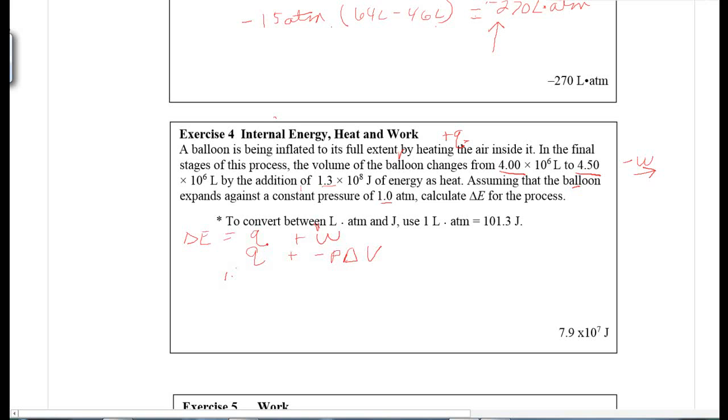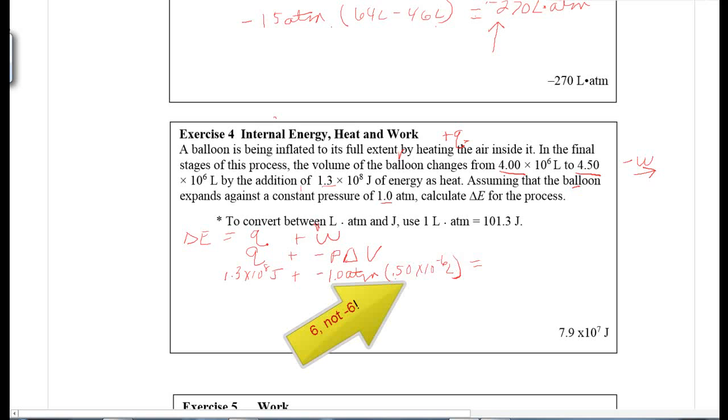I have 1.3 times 10 to the 8th joules of heat, plus minus P, minus 1.0 atm, times my change in V. I'm going from 4 to 4.5 times 10 to the minus 6, so the change is 0.5 times 10 to the minus 6 liters.